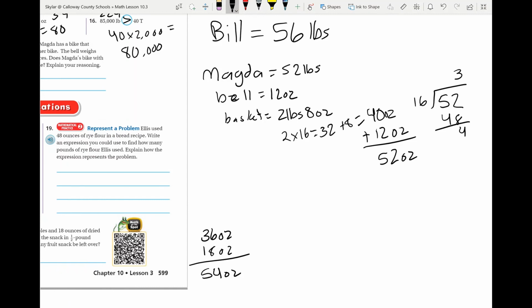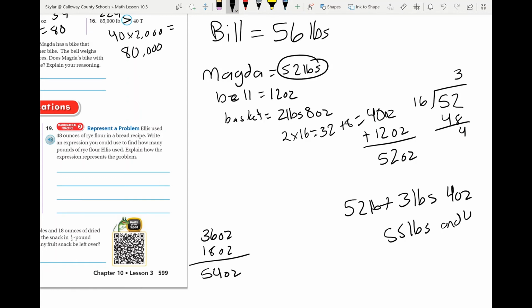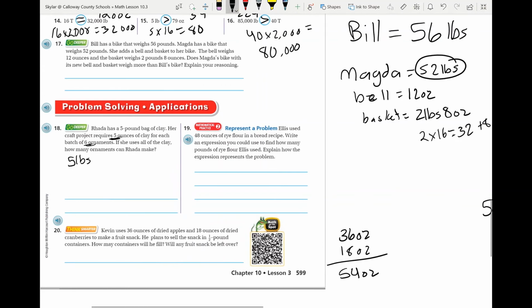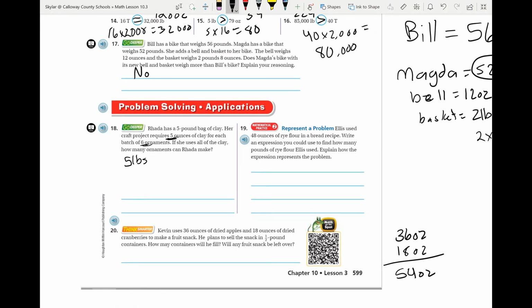So that means if you add her 52 pounds, which is what she had originally, plus 3 pounds and 4 ounces, then you'll get 55 pounds and 4 ounces. So, no, 55 pounds and 4 ounces is less than 56 pounds.